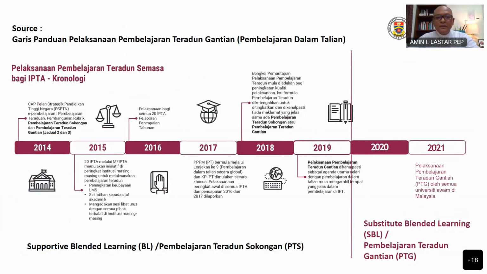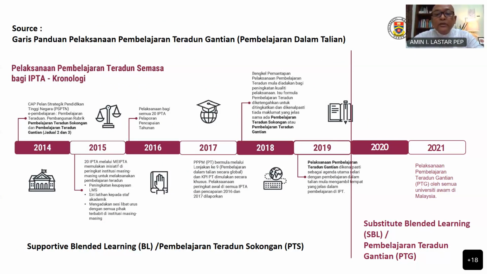Right. So this is how we came to PTG, pembelajaran seadun gantian. These all started from the very beginning, and of course we have to base it on the PAN and all the things that have been developed by the Kementerian, by the ministry. So here it goes. The pelaksanaan pembelajaran seadun in 2019.